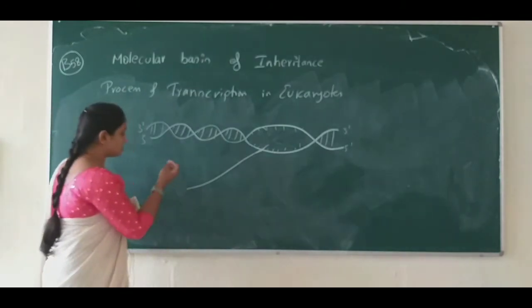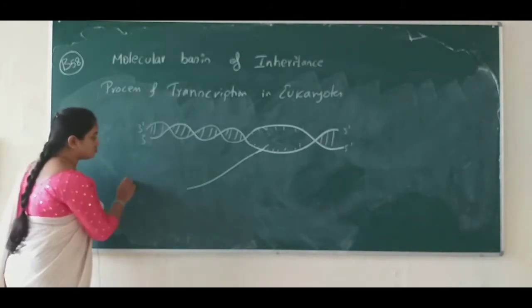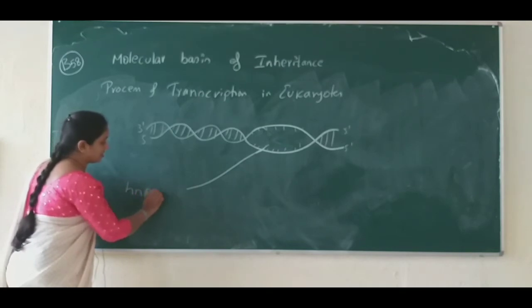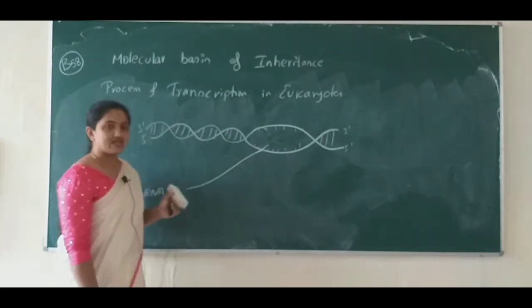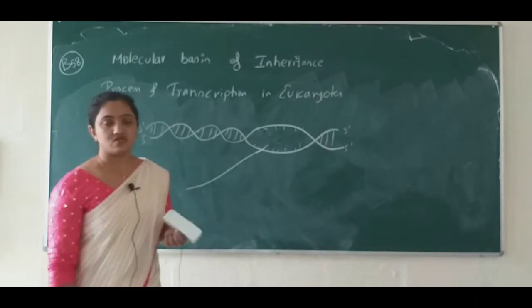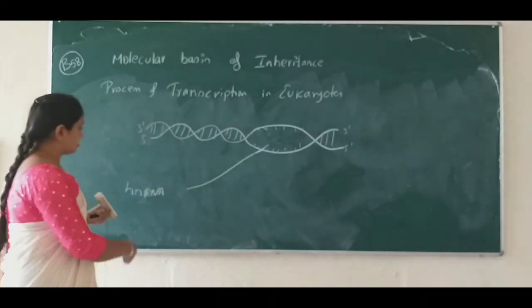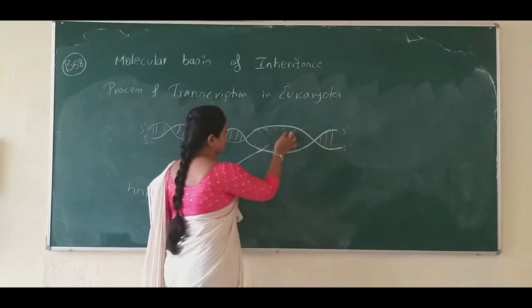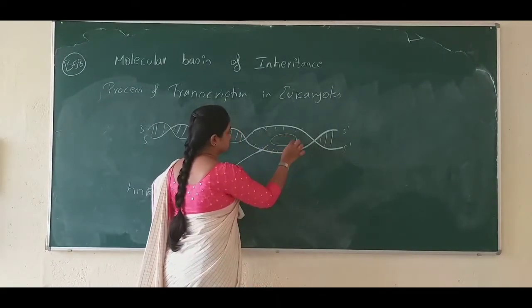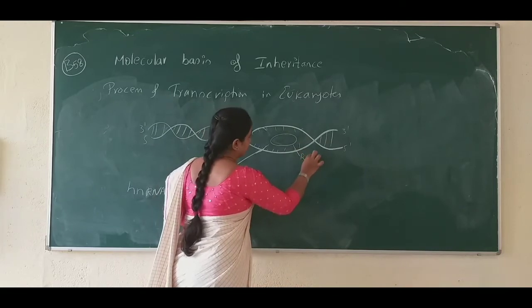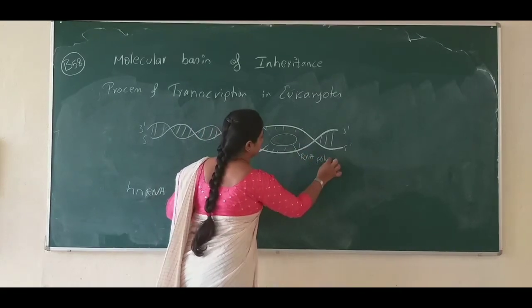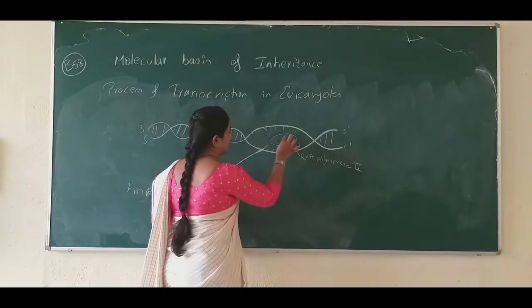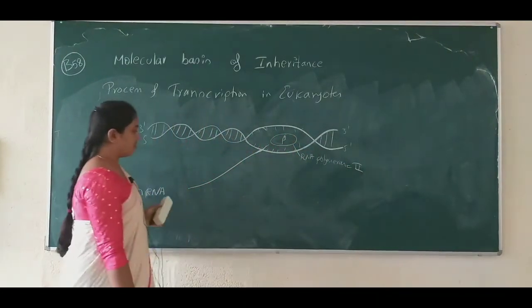Okay, so this RNA, I am going to label as hnRNA because it has introns, the non-functional parts, and this is the immature RNA. And here you are going to show RNA polymerase 2 and then the rho factor and so on.